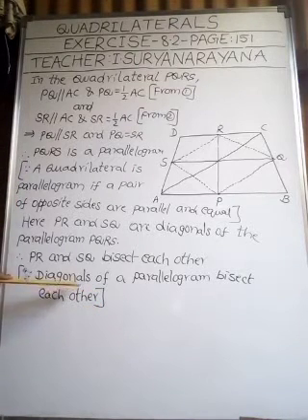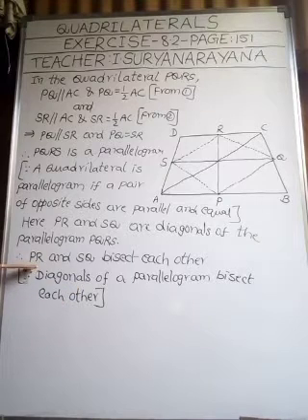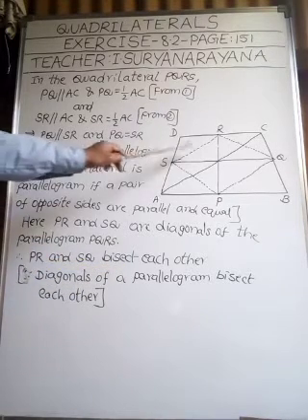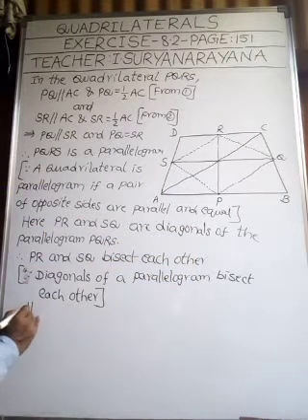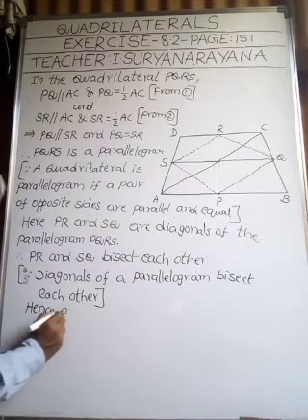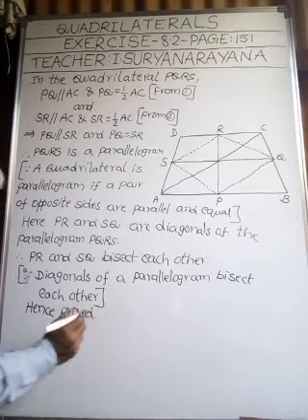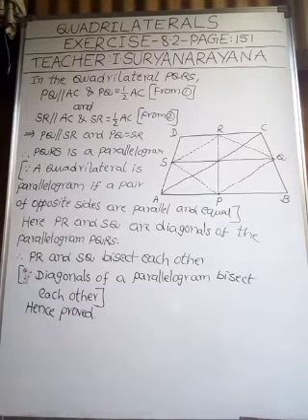Okay, my children, by using this property, we say that PR and SQ are bisecting each other. Hence proved. Understood, my children? Right.